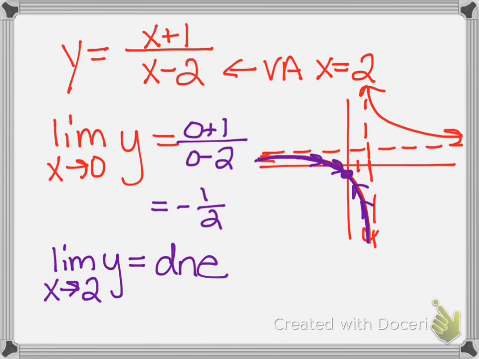Scenario number 1 is what you see sketched here. The two branches head in opposite directions. This branch heads down the vertical asymptote, this branch heads up the vertical asymptote. And since the two branches don't head to the same y value, as x approaches 2, you are going two different directions. That makes the limit does not exist.